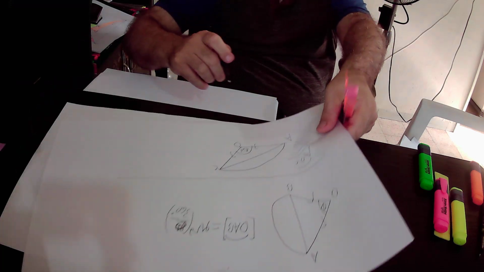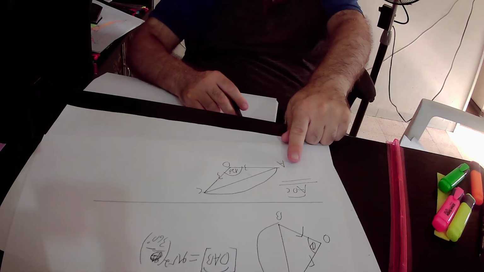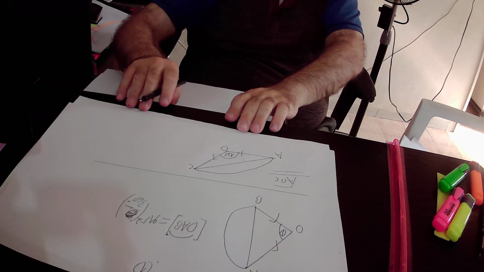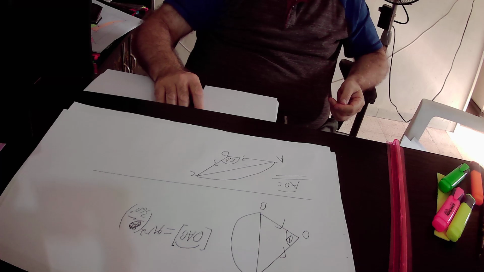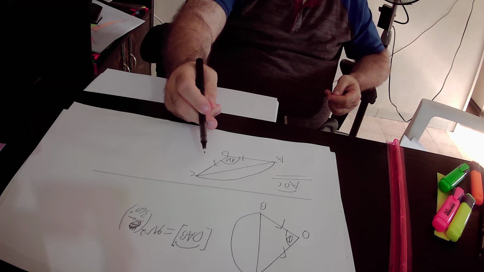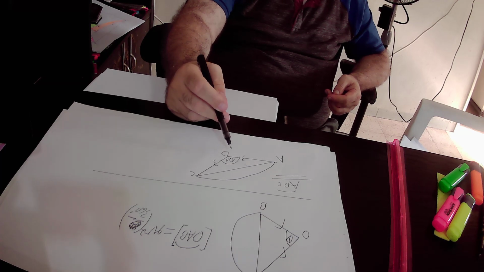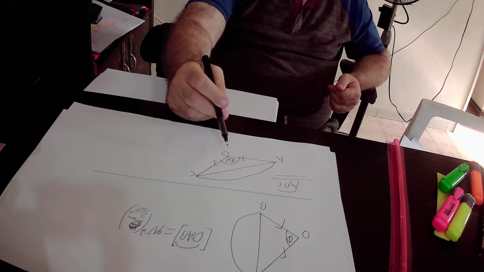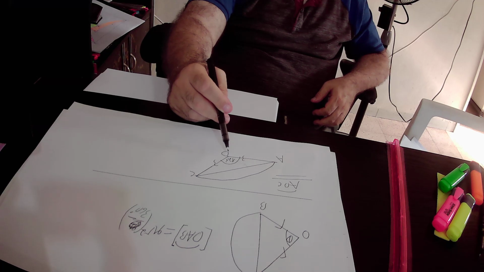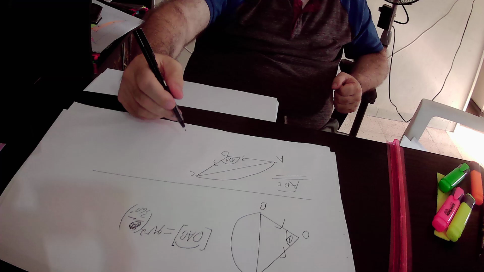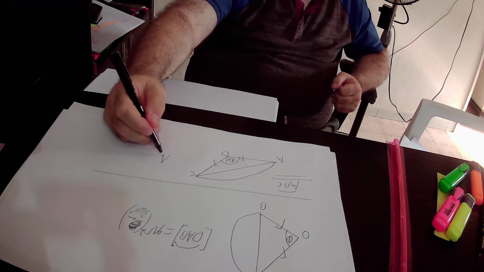This is sector AOC that I copied from the original drawing. The two legs of the sector, AO and OC, are equal to 3 units. They are also the radii of the semicircle that contains the sector, and the angle between the legs of this sector is 120 degrees.